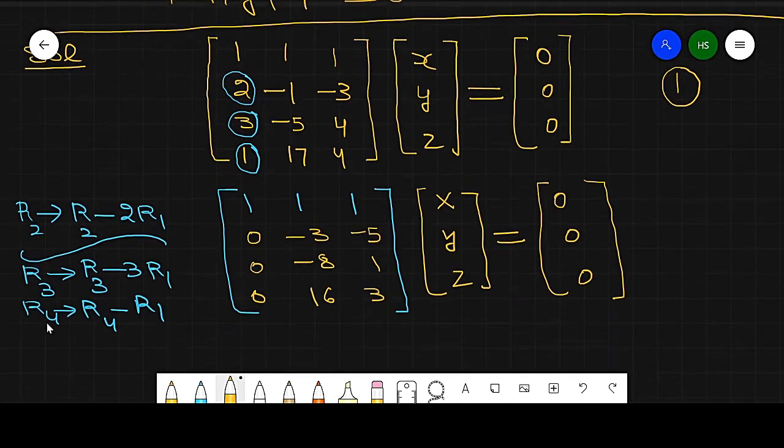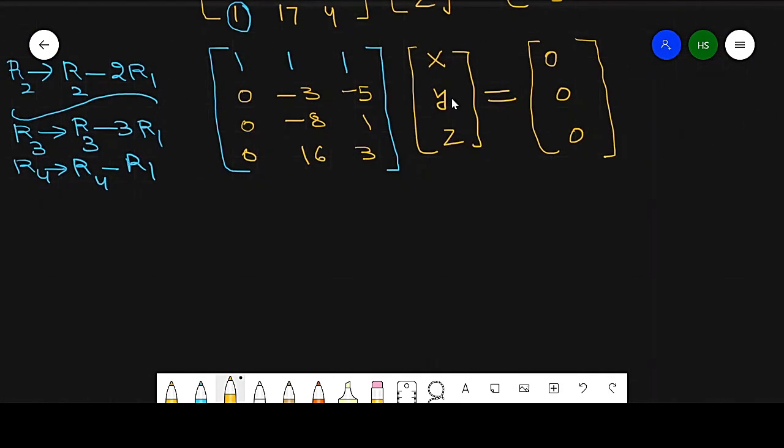Now in the third step, I need this term as 1 and the remaining terms should be 0.